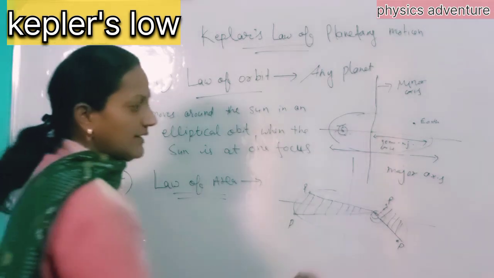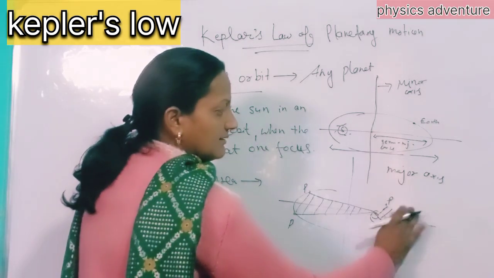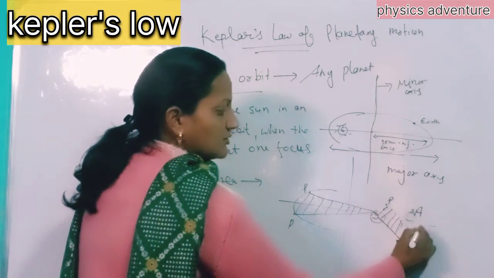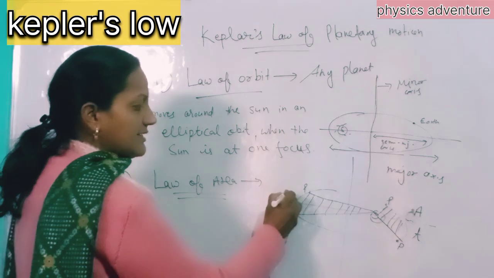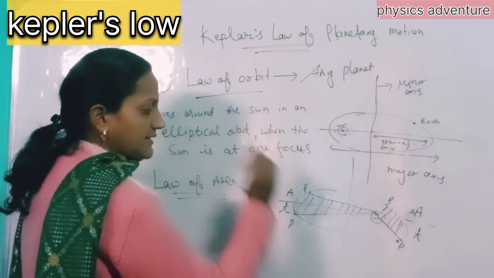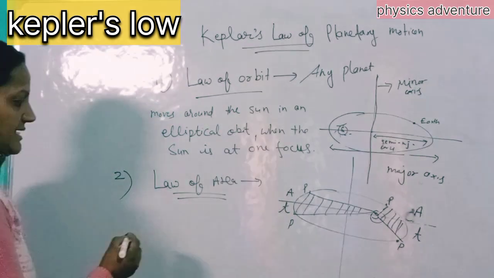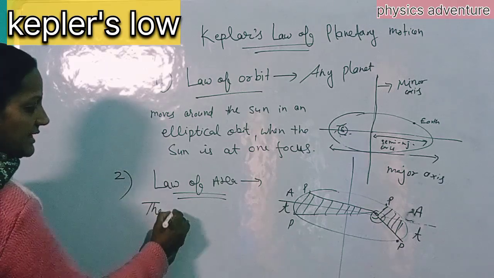So if suppose here is area A with respect to time t, then here the area should be A and the time period will be t. So we can say that this is called the areal velocity.